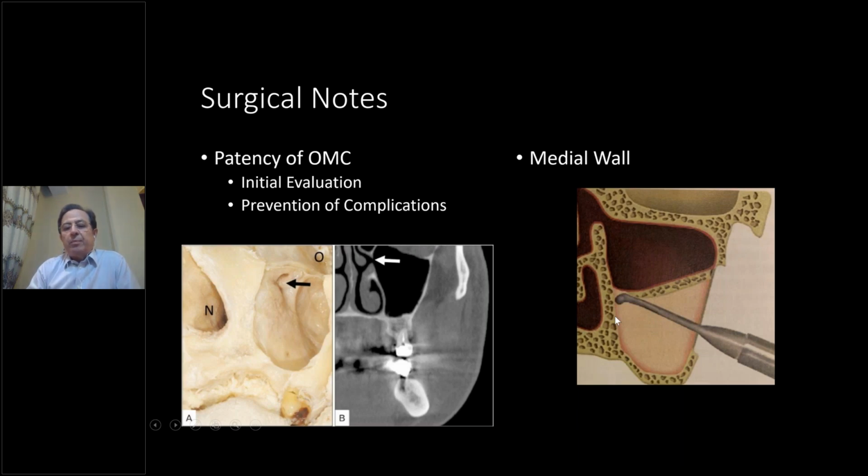We need more blood supply. But during lifting or exposing the medial wall, we must take care and do it very gently, because the medial wall is thinner than the lateral wall, and if we put more pressure on this area, it can lead to bleeding from the nose and epistaxis.